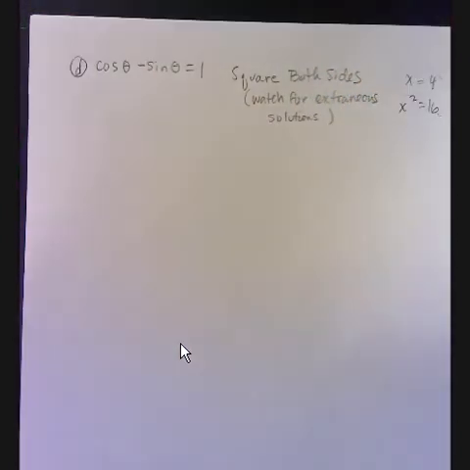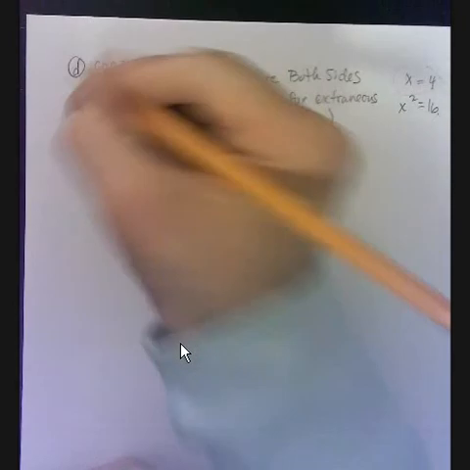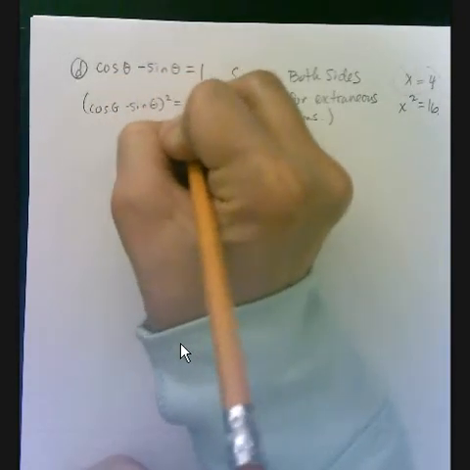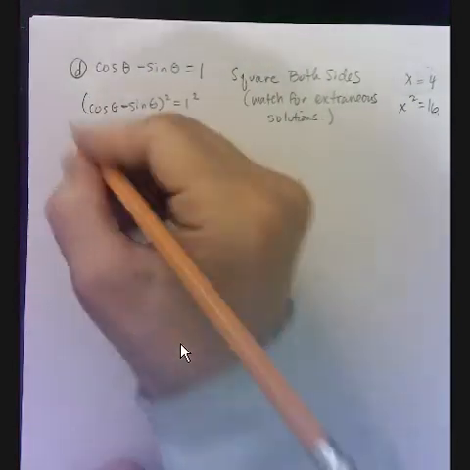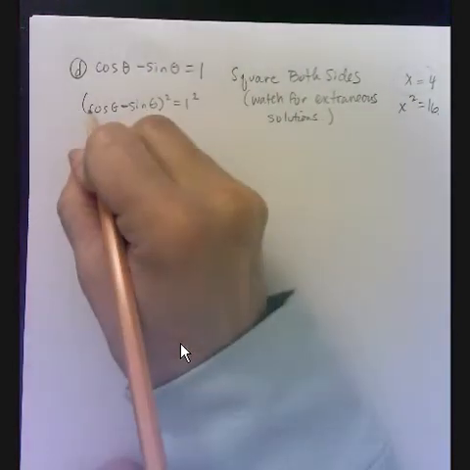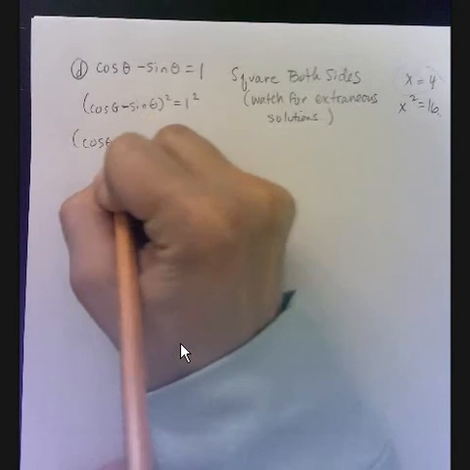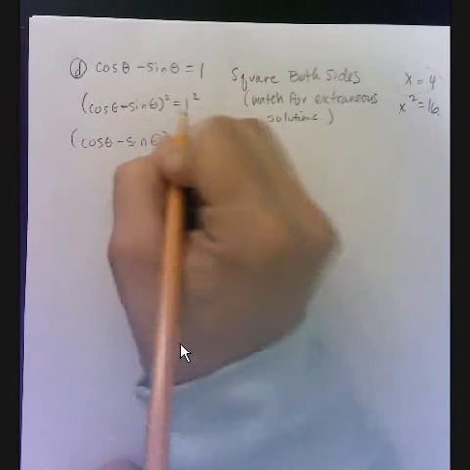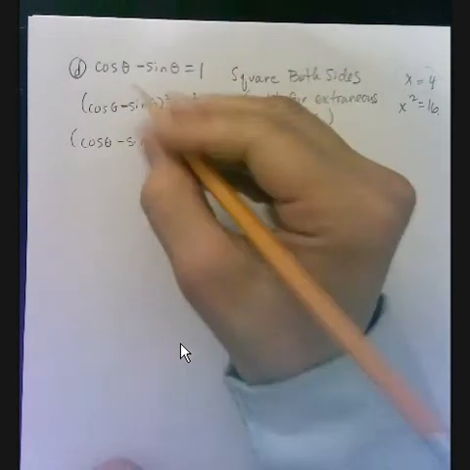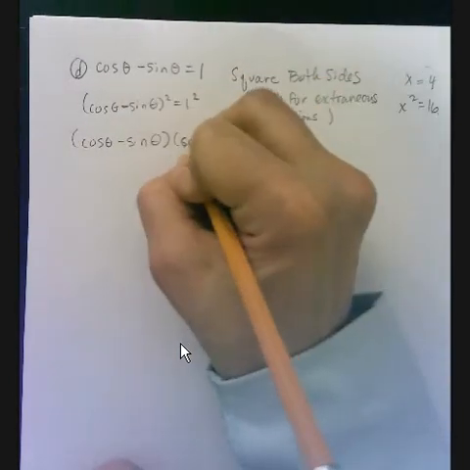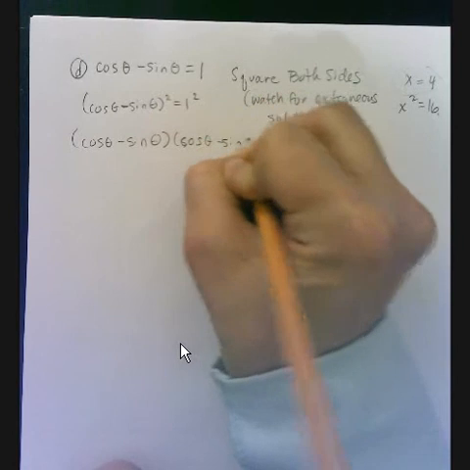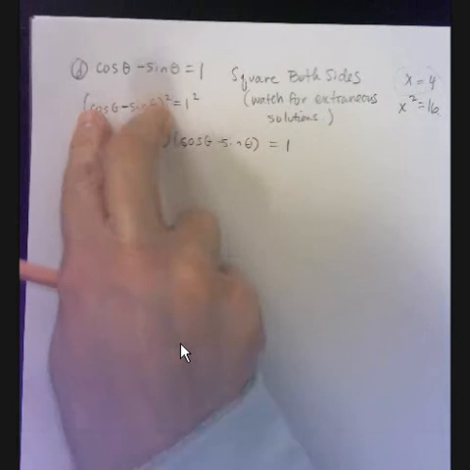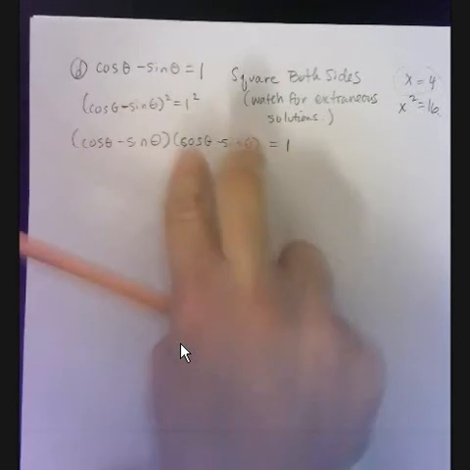All right, so when we square both sides here, remember you have to distribute. A common mistake people make is to just say cosine squared theta plus sine squared theta, but that's not what we get. So write it down twice if you have to, right? This squared equals this times itself, and then distribute.